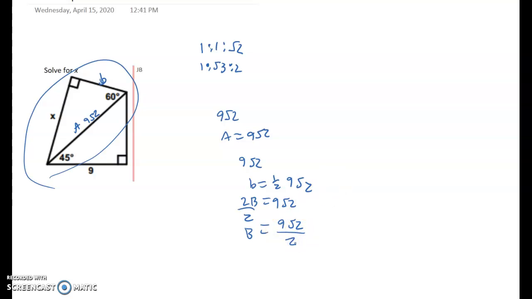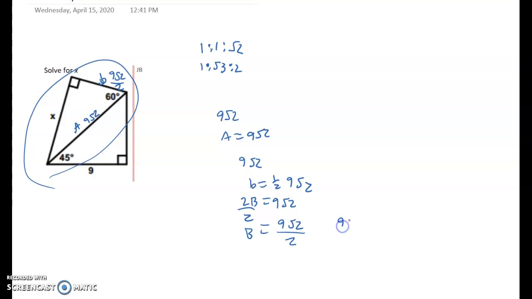And now that we know B as being 9 root 2 over 2, then we can use that to try and find x. And what we can do from this point on is we look at our ratio again. And we do B, and if we multiply that by root 3, then we will get x.